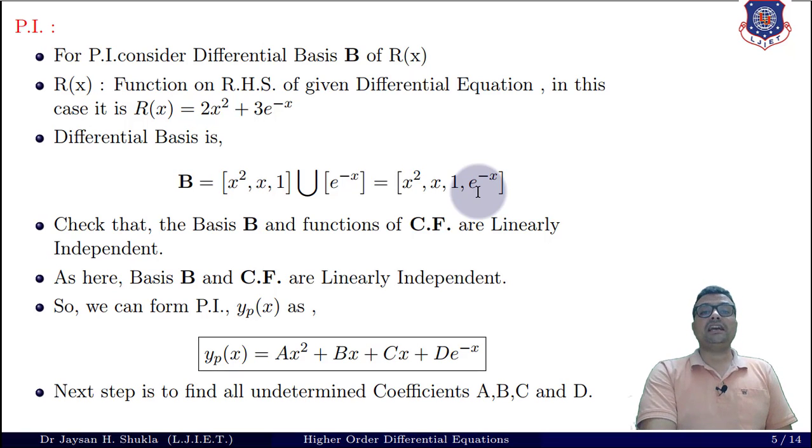That means we can assume that this is a non-repeated case, meaning these two sets, the basis B and the CF, are linearly independent, and therefore I can consider my particular integral as a combination of these elements with arbitrary constants a, b, c, and d with addition. Now I want to figure out what the values of a, b, c, and d are.